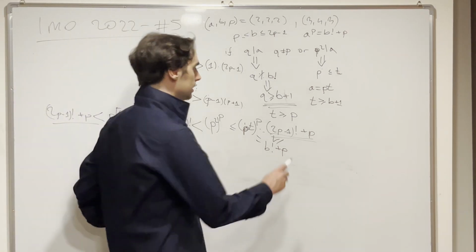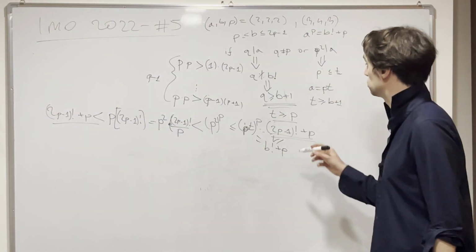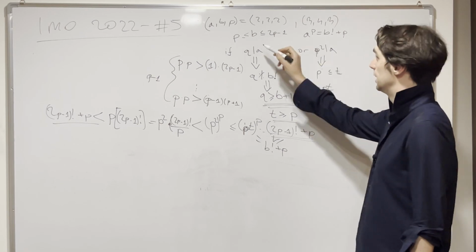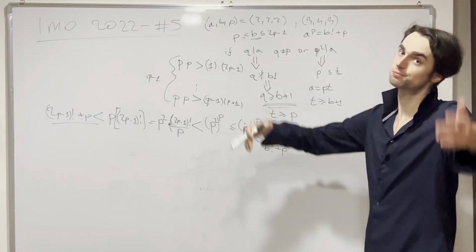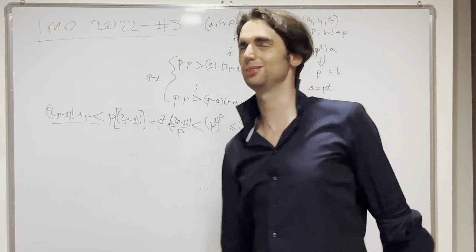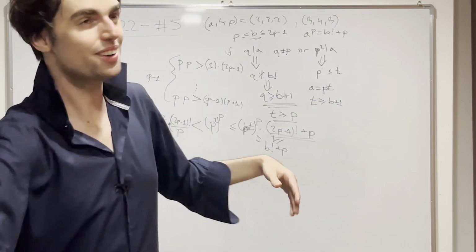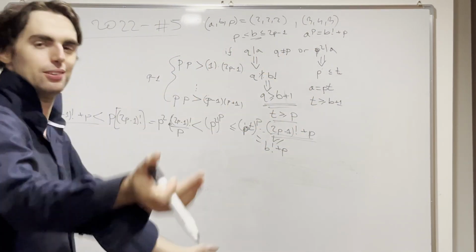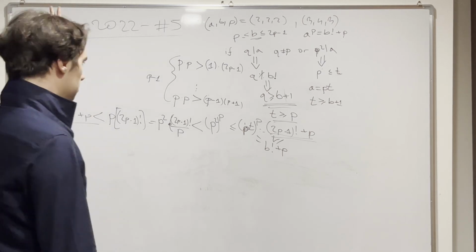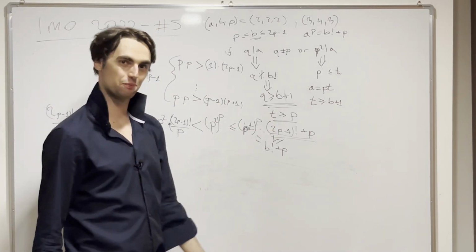Right? And also, why is t greater than or equal to p in both of these cases? Well, b, we've said, is greater than or equal to p. So b plus 1 is greater than or equal to p plus 1, which is greater than p. And this finishes two birds with one stone sort of thing.